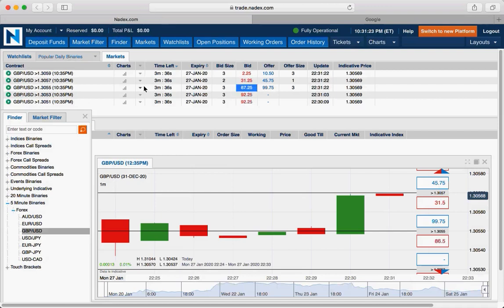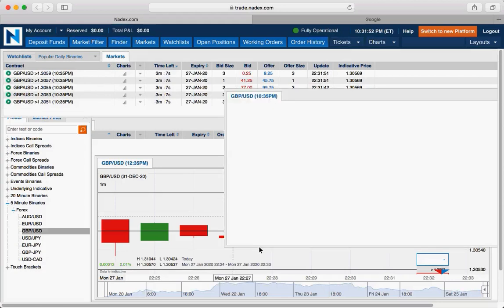On your platform, well, first and foremost, do you have the 5-minute boundaries up in this area, in your watch list area? Or I should say in your markets tab, because that's actually where it pops up. So up here in this area, you have the 5-minute boundaries up here? Okay. You see the little thing that looks like cell phone bars? This little icon? When you click that, it opens up a chart.